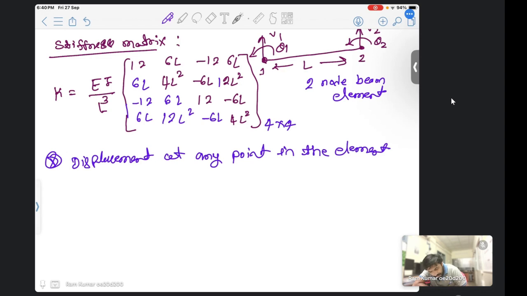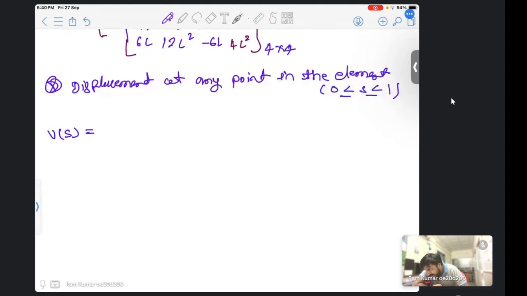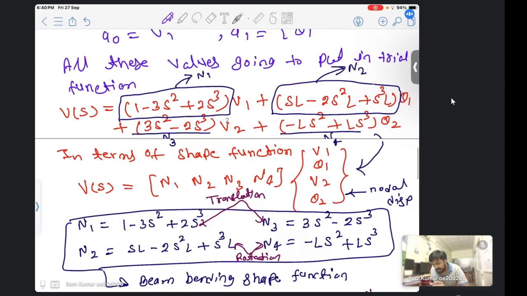What will be the range? Between 0 to 1. What will be our displacement? This will be in terms of shape functions. We are going to use this equation, this one only.